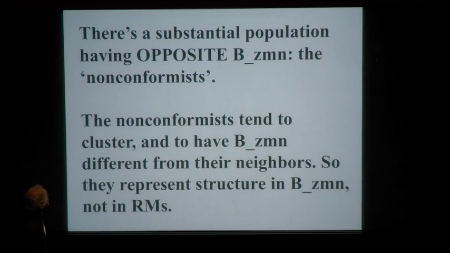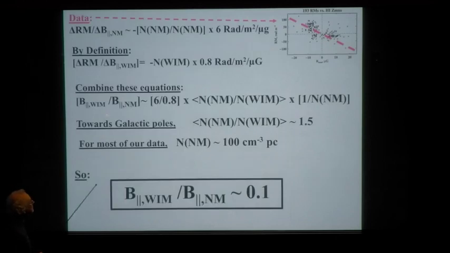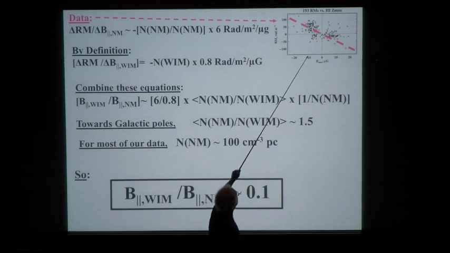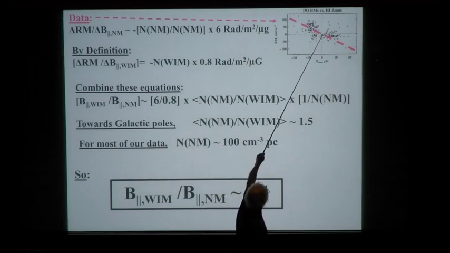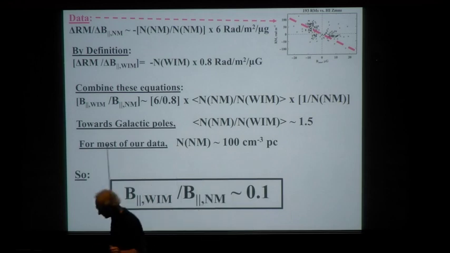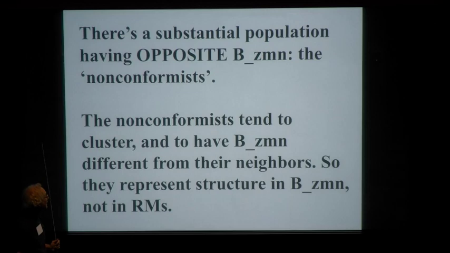Let's see. If we go back to this correlation here, I want to talk a little bit about these guys in these two quadrants. They are the so-called nonconformists. A lot of us pride ourselves in being nonconformist.